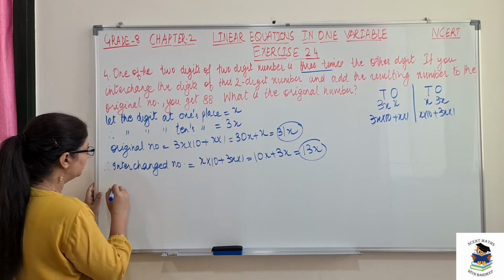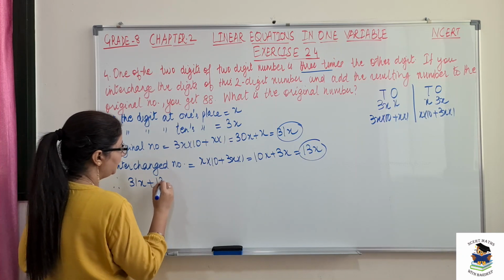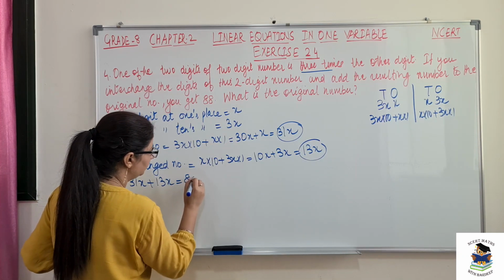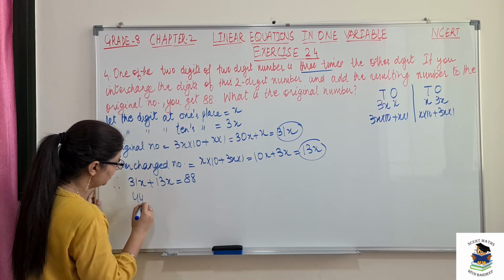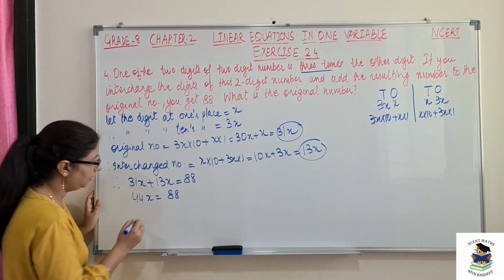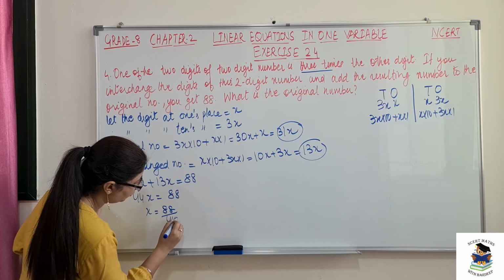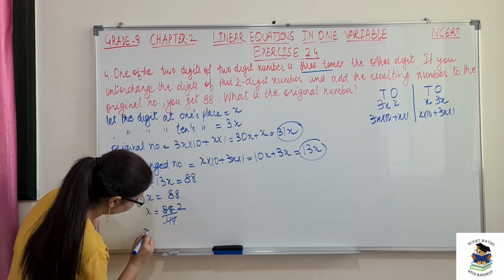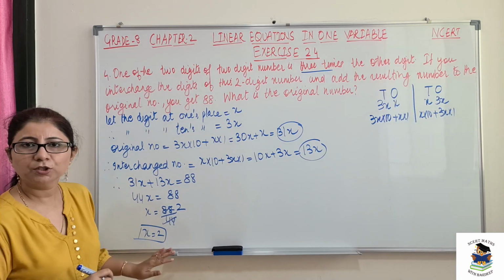So let's write, therefore 31x plus 13x is equal to 88. So 31 plus 13 is 44x. This is 88. So what is x then? 88 divided by 44. So this is 2. So the digit at 1's place is 2.